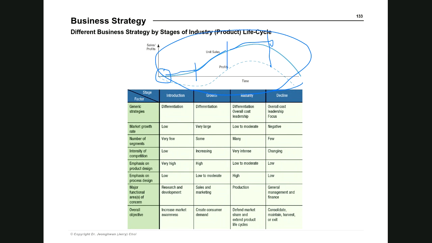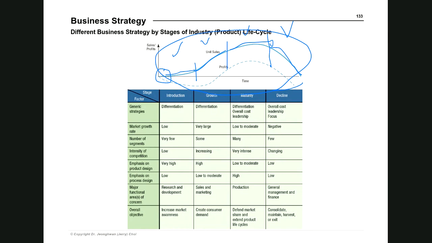Then everybody has that product or service, and then it is declining. So we have four stages in the product or industry life cycle. We need to understand what our stage is in a specific market.